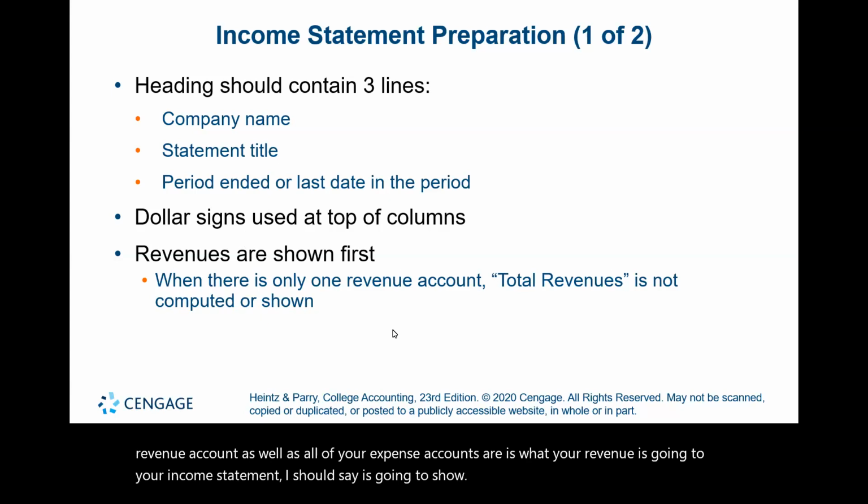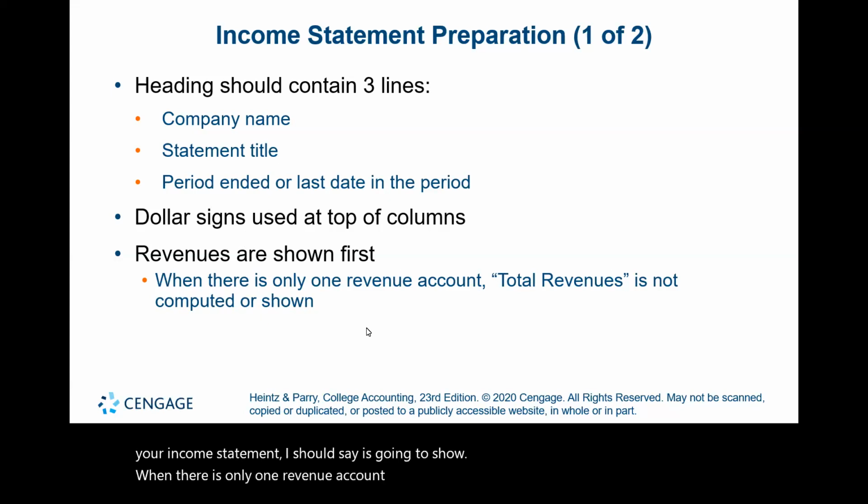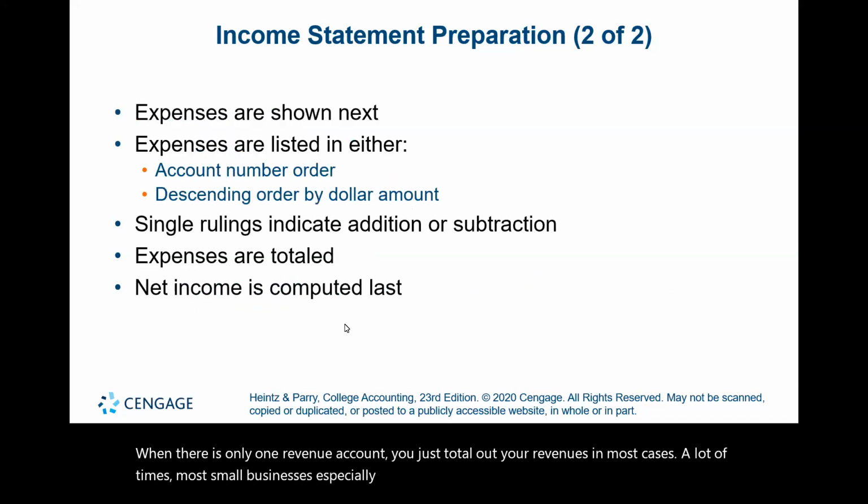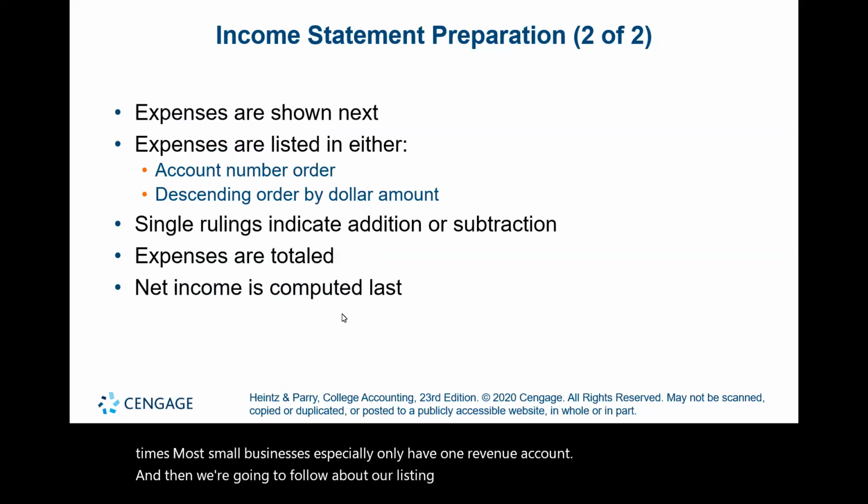When there is only one revenue account, you just total out your revenues. In most cases, most small businesses especially only have one revenue account. And then we're going to follow by listing our expenses, which is the accounts that are going to be listed next.